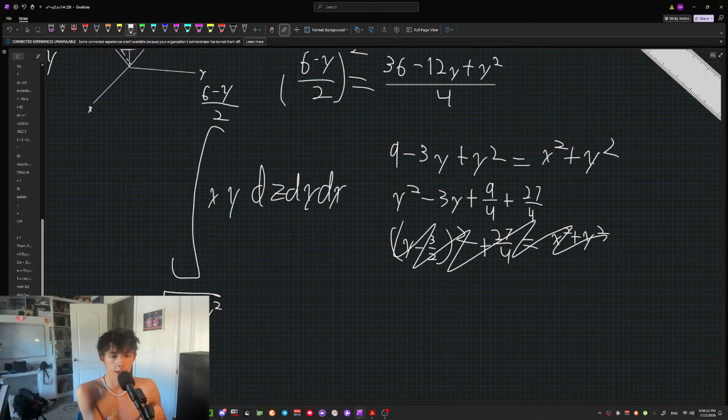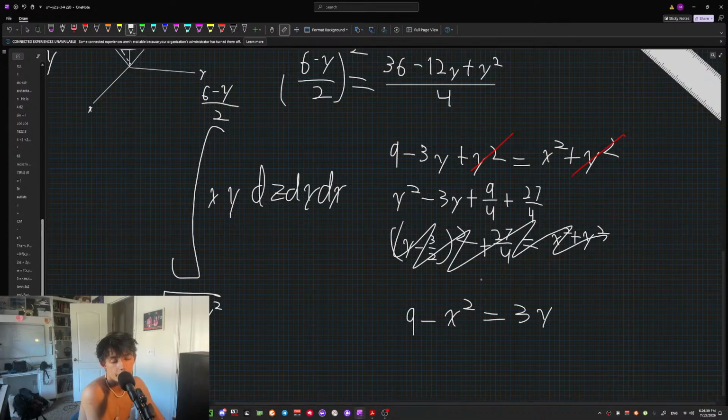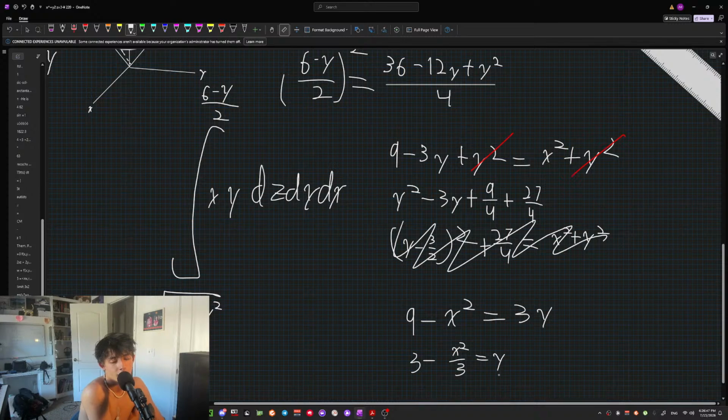X squared plus y squared. So if we take out the y's, we want to find out when they are equal. How do we get rid of this one y, you may ask? The answer is we actually don't. So we have 9 minus x squared equals 3y. That feels wrong. What the hell?